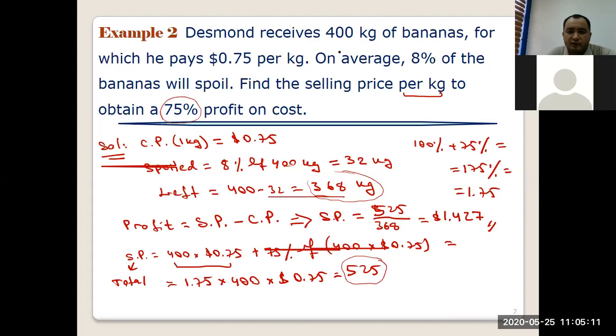For 400 kg of bananas, we spent $300 and sold them for $525. Our profit is $225, but here we need to find the selling price of each kilo of banana. So that is total sale divided by the quantity of bananas, which gives us the individual price. That is the selling price of 1 kilo of banana.